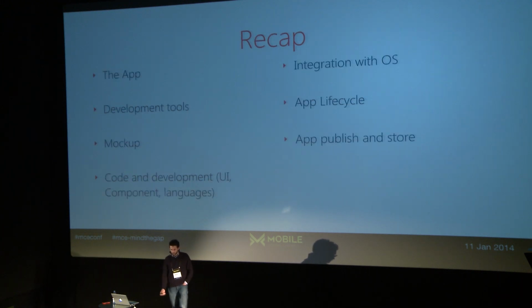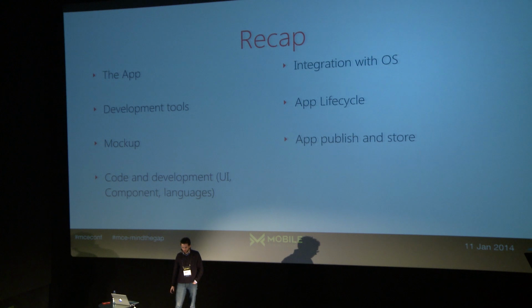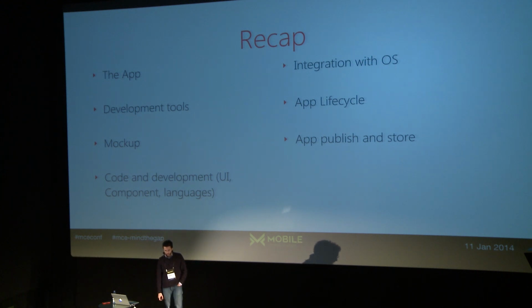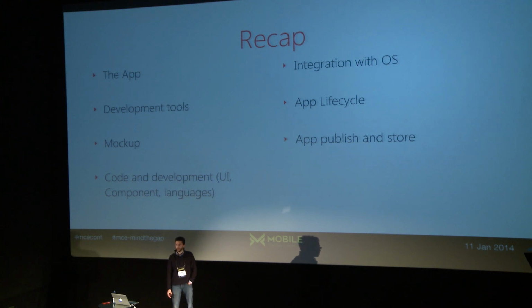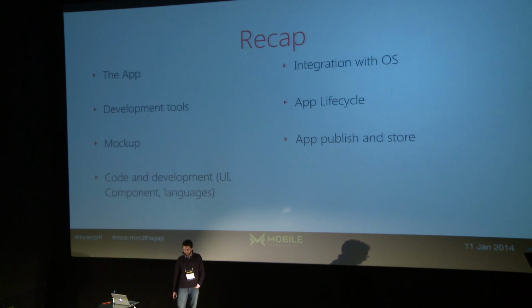And so quick recap about what we have seen today. So we have seen the case, so the mobile application. We took a look at the development tool, and again, they are for free, so you don't have to pay if you want to develop for Windows Phone. Then we discovered how to build a mock-up in Windows Phone, and how to deal with code and UI development.